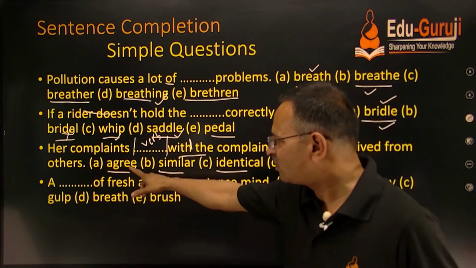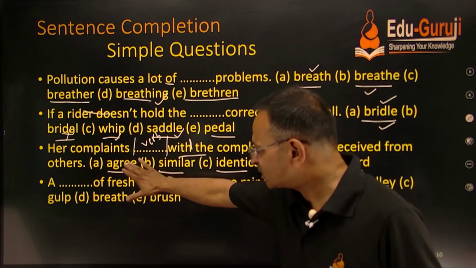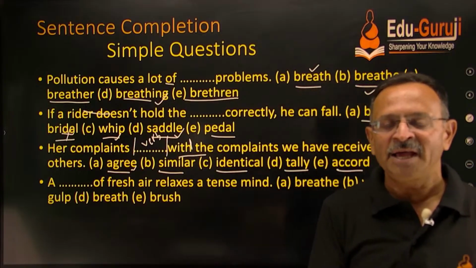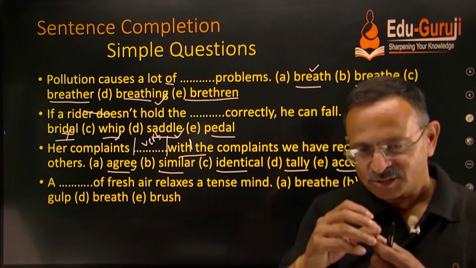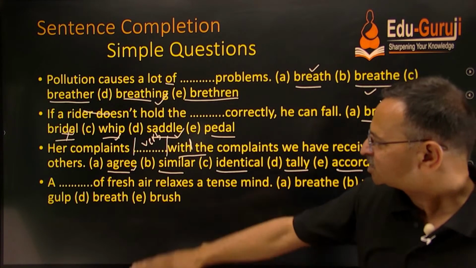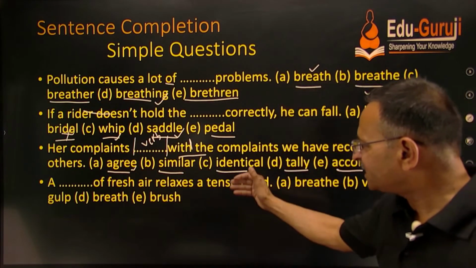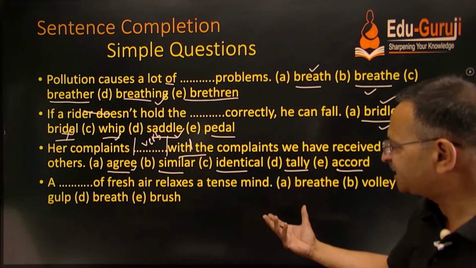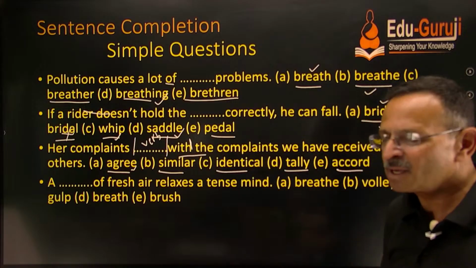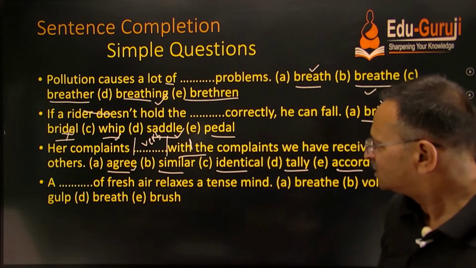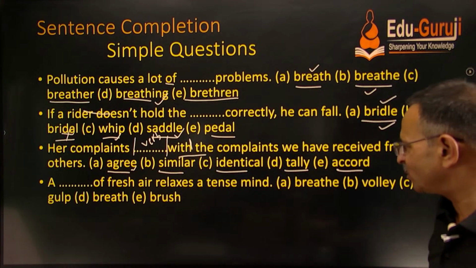If I say I agree with you, or I agree with your opinion, agree with always comes with the person. Similar with complaints, no, it is not. Then identical generally comes with to, identical to. Had it been to, then we could have thought of it, but this is also not possible.